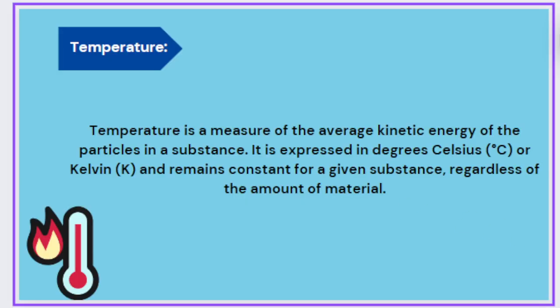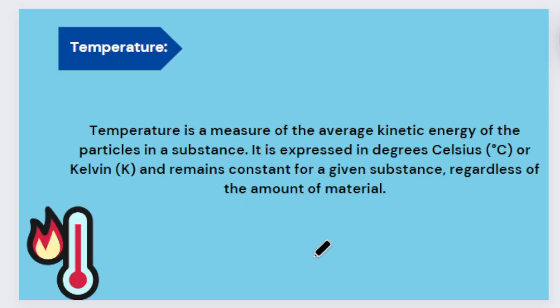Okay, I take the first example, that is temperature. We know that temperature is a form of kinetic energy, and temperature is always expressed in degrees Celsius or Kelvin, and it remains constant for a given substance. Room temperature, like 25 degrees Celsius, is always constant, so it is called room temperature.